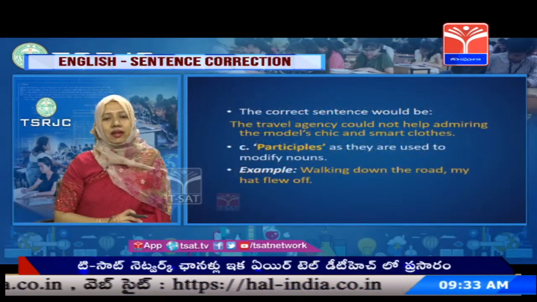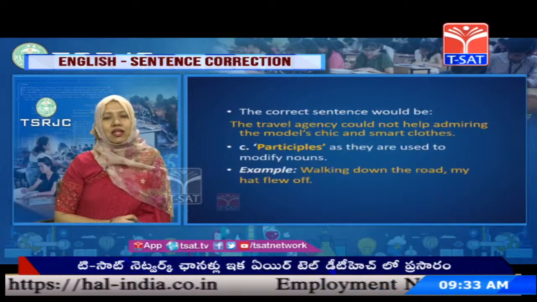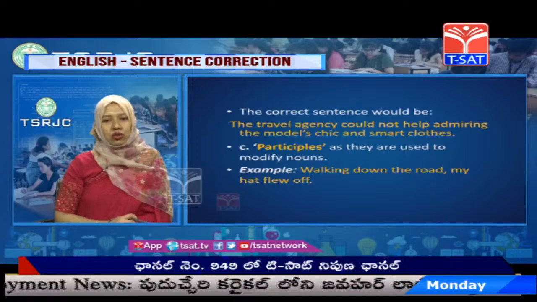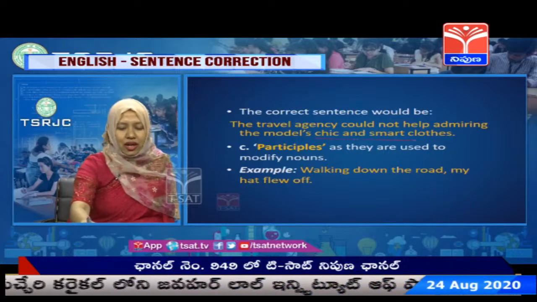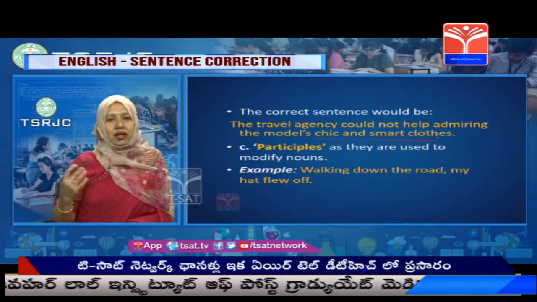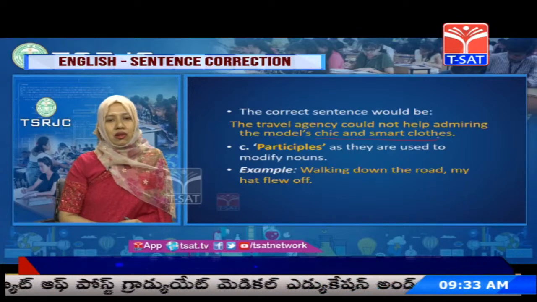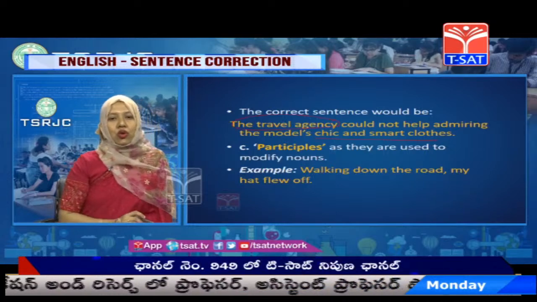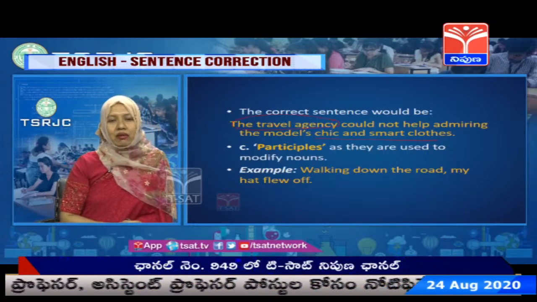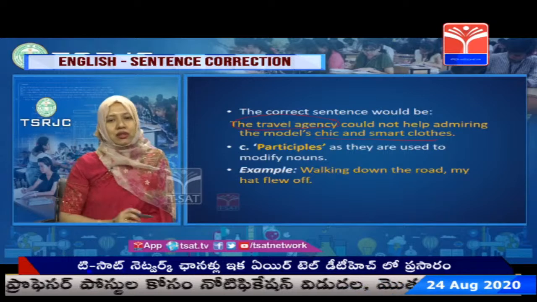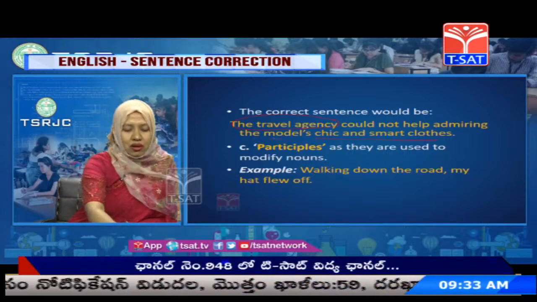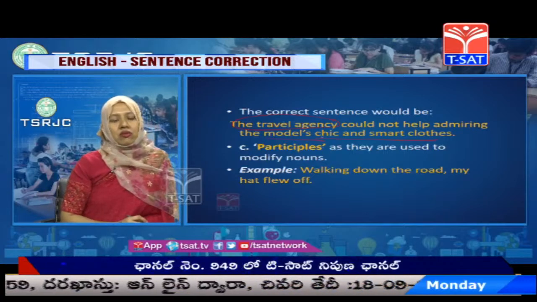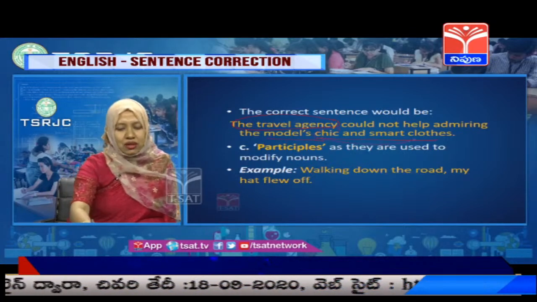So, the correct sentence would be: the travel agency could not help admiring the model's chic and smart clothes. So, here the chic and smart clothes should come a little later. If you start the sentence with the subject, the travel agency could not help admiring models' chic and smart clothes. So, here models, we are talking about chic and smart clothes.